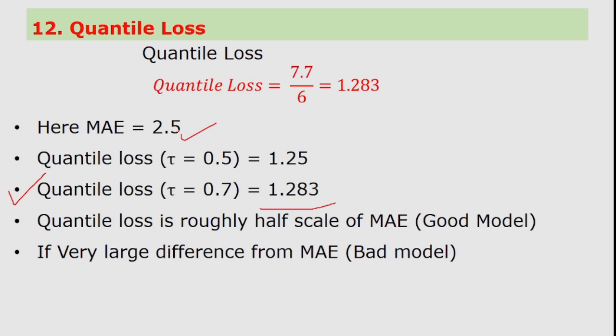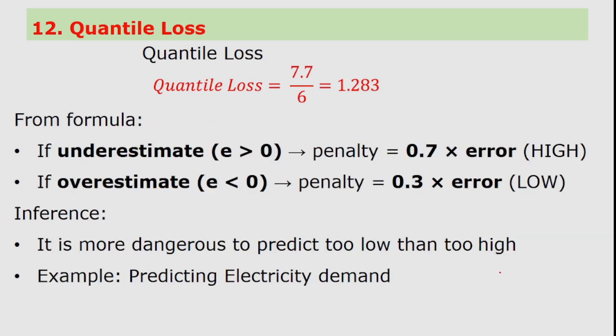So quantile loss is roughly half the scale of MAE. You can say it's a good model. If the difference is very high, a very large difference from MAE, you can say it is a very bad model. If you get only 50% of MAE, you can say the model is good.